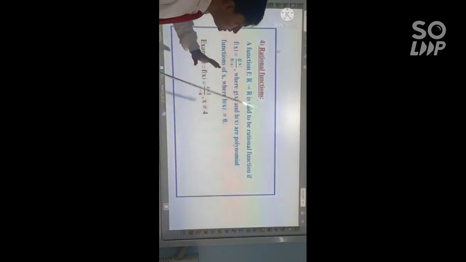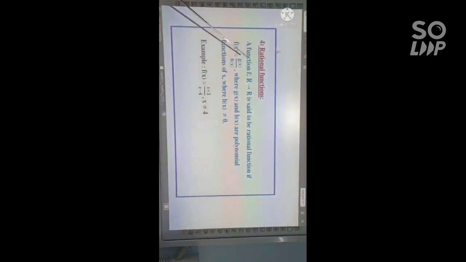So, a function f from R to R is said to be a rational function if f of x equal to g of x upon h of x, where g of x and h of x are polynomial functions of x, where h of x not equal to 0.